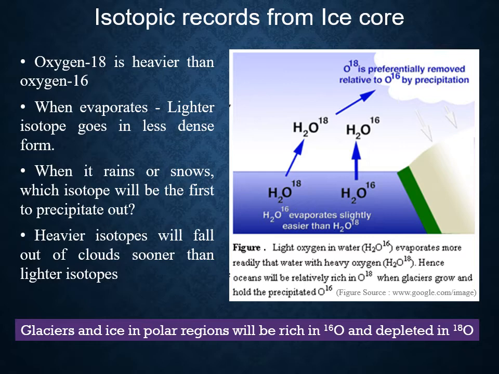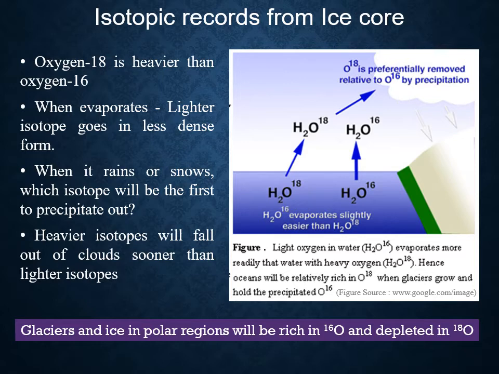Say, for example, when we study oxygen isotopes. Now, in nature, we all know that oxygen mainly has two isotopes, O16 and O18. Although there is O17 also, but O17 is very negligible in amount. So mainly two isotopes of oxygen are found, O16 and O18.